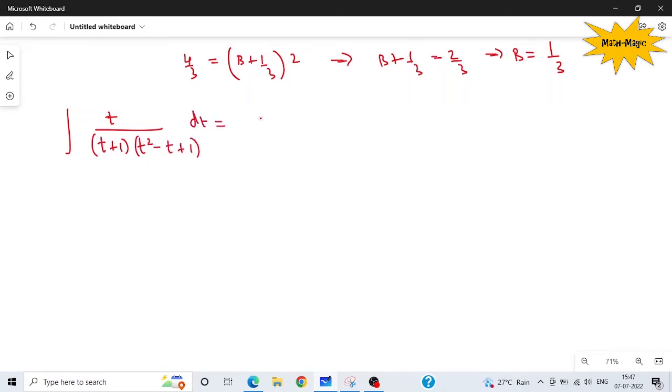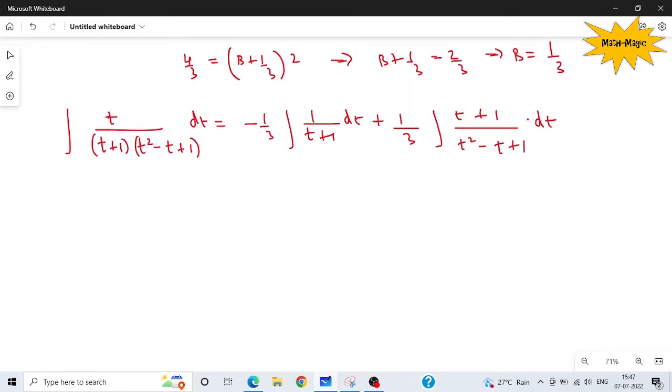Now by using partial fractions, what we get is minus 1 by 3, its value, upon t plus 1, so it's 1 upon t plus 1, dt. Then we can write it as plus 1 by 3 integration of t plus 1 upon t square minus t plus 1, dt.